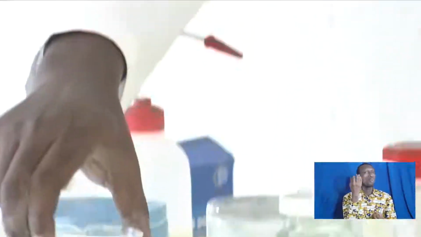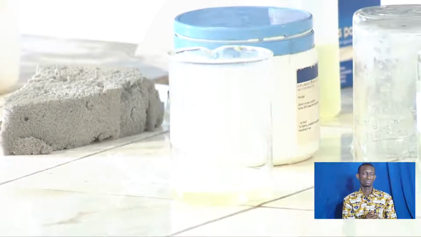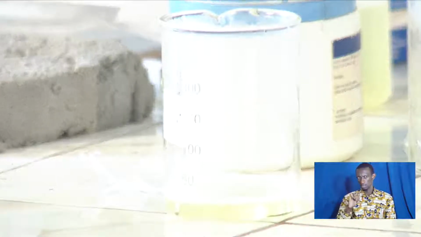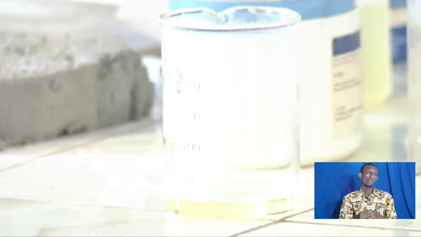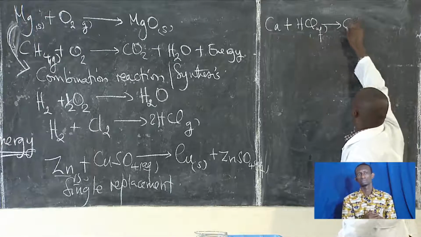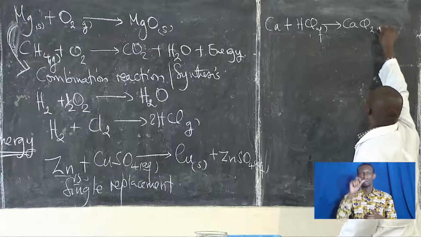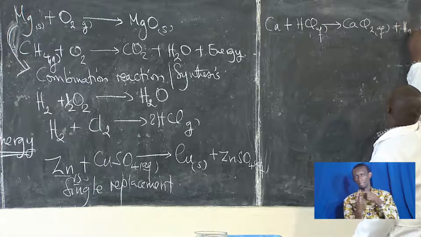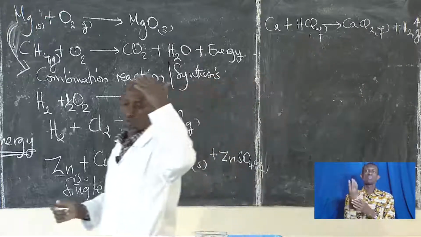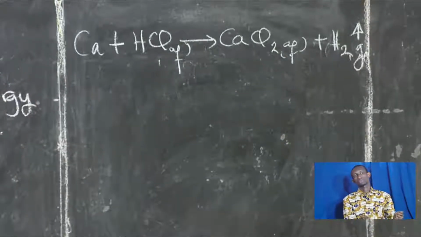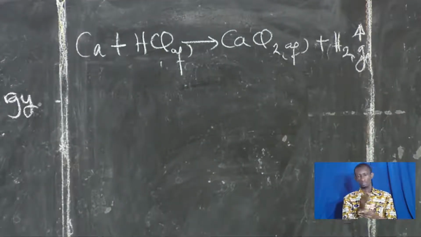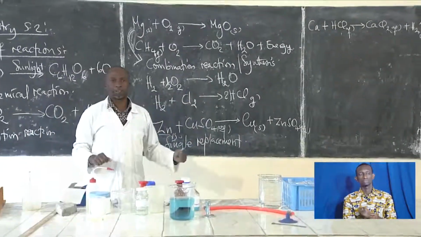So it means that calcium is reacting with HCl, and when it reacts with HCl, the calcium metal displaces the hydrogen, and then you have calcium chloride plus the hydrogen gas. That is the gas being produced, just coming out of the solution. So the calcium is used up now. That is another type of reaction that we can call single replacement.